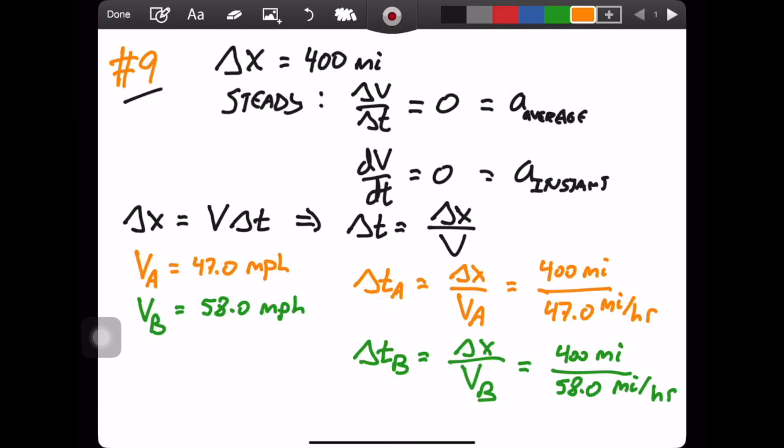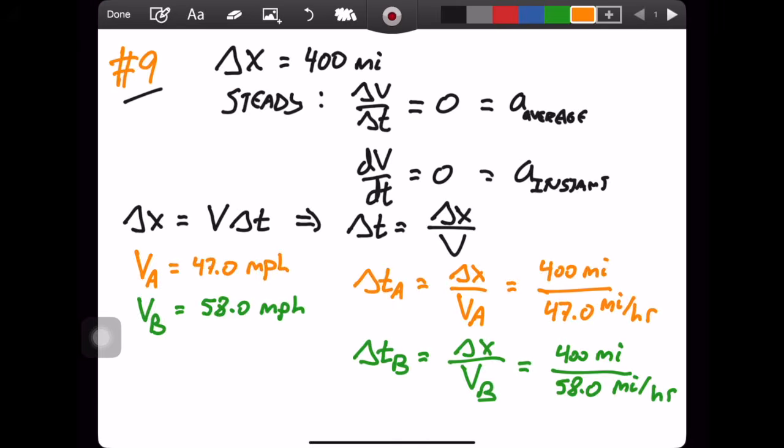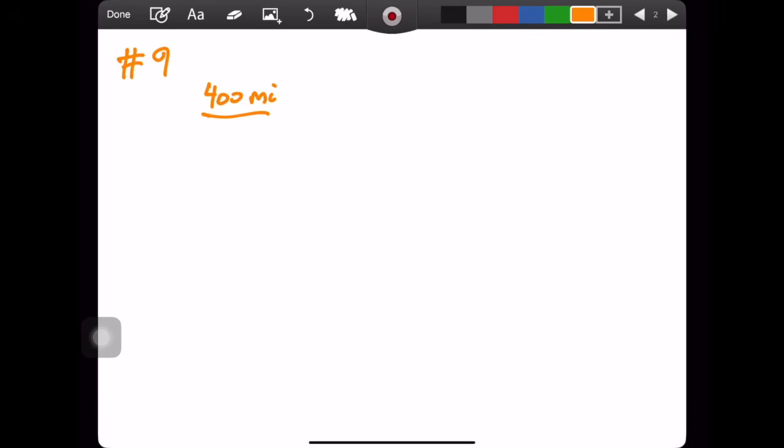So we're sticking with problem 9. But what I want to do now is convert the times for both Alan and Beth. So we have 400 miles divided by 47.0 miles per hour.